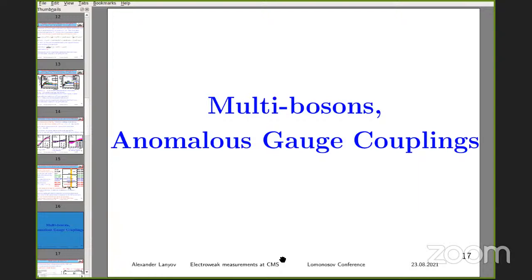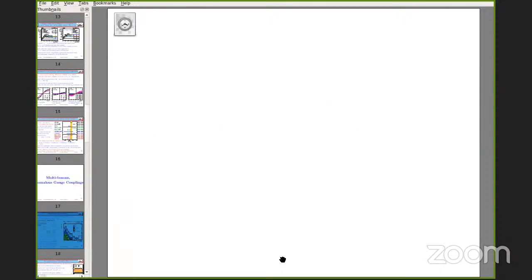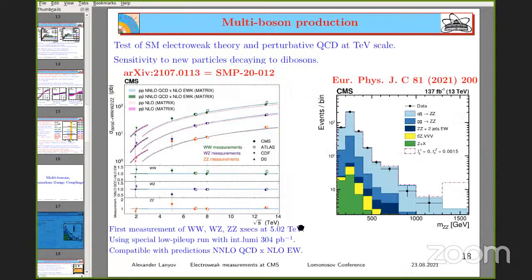Then I briefly go to the multiboson section. There were different papers on multiboson production, which present a test of the standard model electroweak theory and predictive QCD at the TeV scale.